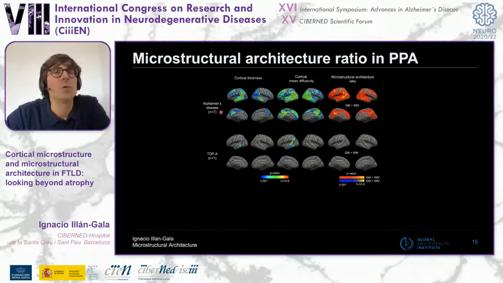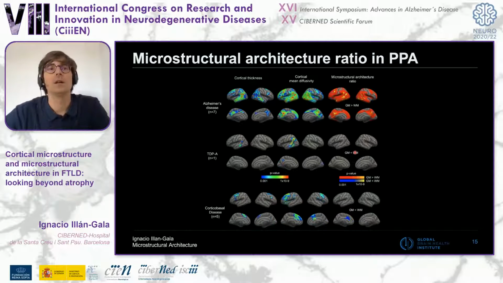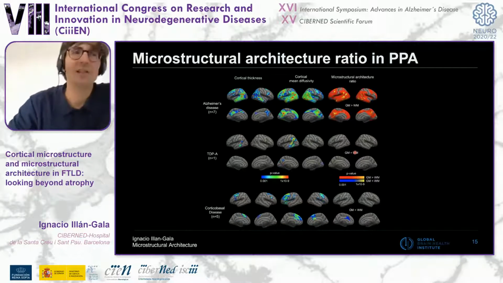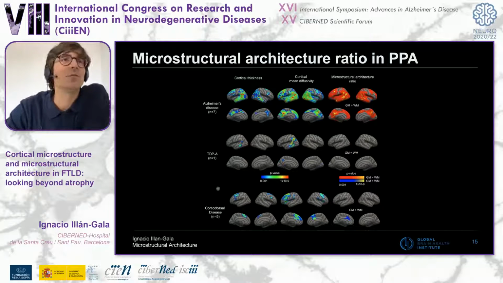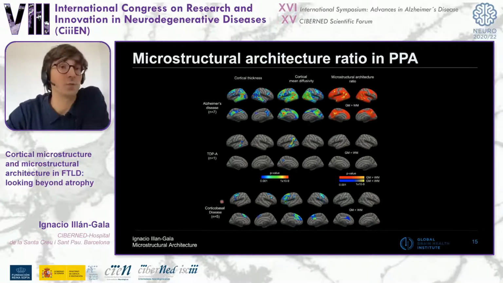In contrast, when we look at a different patient that is also autopsy proven and presented with the same clinical syndrome, but in this case has a TDP subtype type A, we see that we also have atrophy and mean diffusivity changes, but we don't see this predominance of gray matter impairment over white matter. Even more interesting is when we look at patients presenting with primary progressive aphasia but that have corticobasal disease on autopsy, for example.